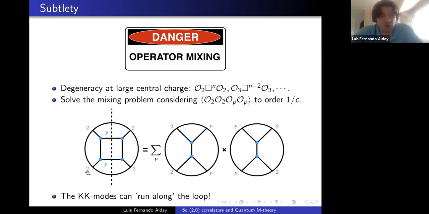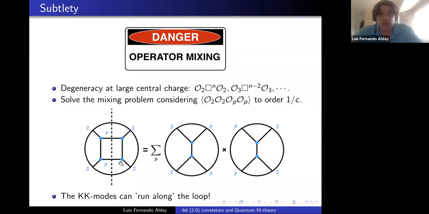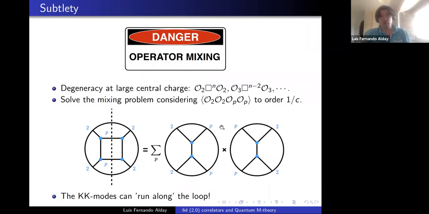So even if you choose to study the correlator 2, 2, 2, 2, a generic Kaluza-Klein mode can run along the loop. So it means that at tree level, you will need to study 2, 2, p, p. That's the reason why the tree-level correlator 2, 2, 2, 2 is not enough if you want to study loops. Because for loops, you need tree-level diagrams, but also tree-level diagrams like this one here, 2, 2, p, p. Is that clear?